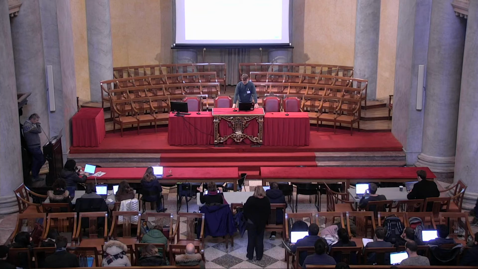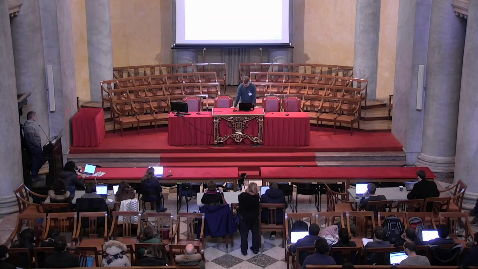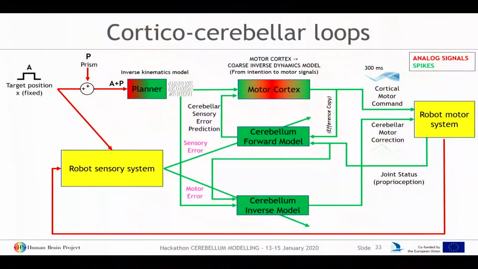Did you move it back to the motor cortex, or is it implemented by the cerebellum inverse model? No, all the changes are limited to the two modules of the cerebellum. We don't have a transfer of the learned correction back to the cortex.